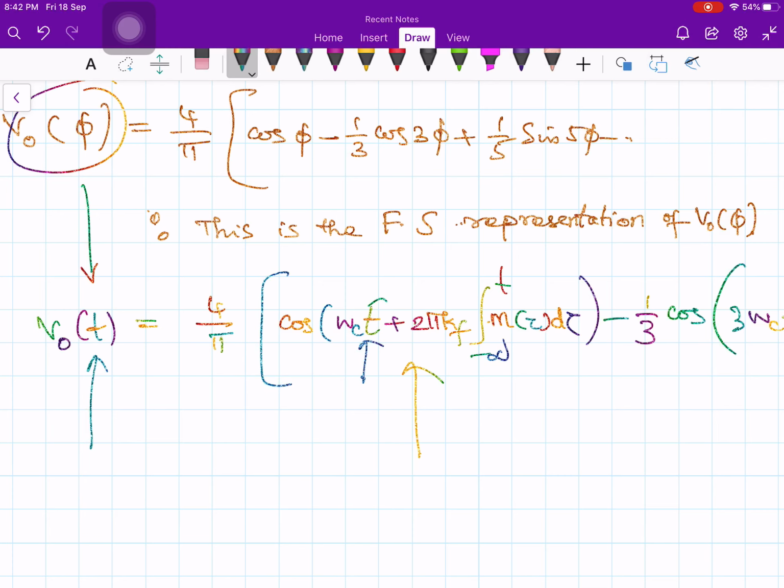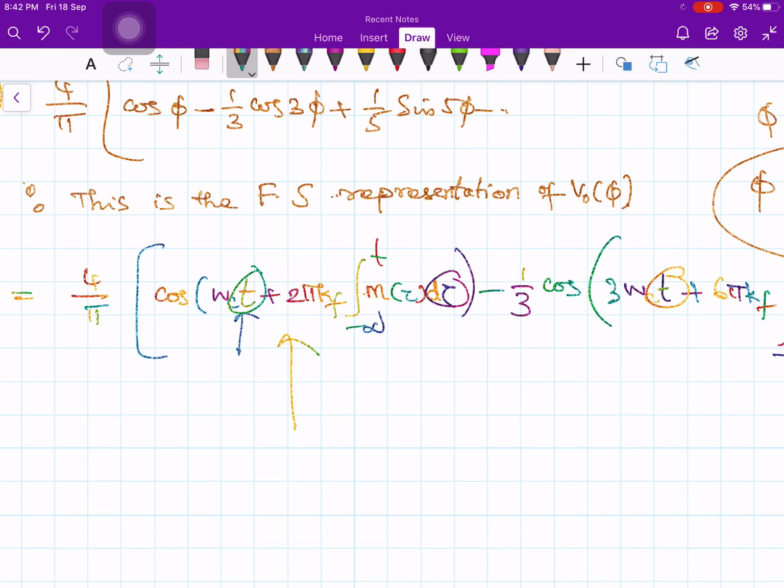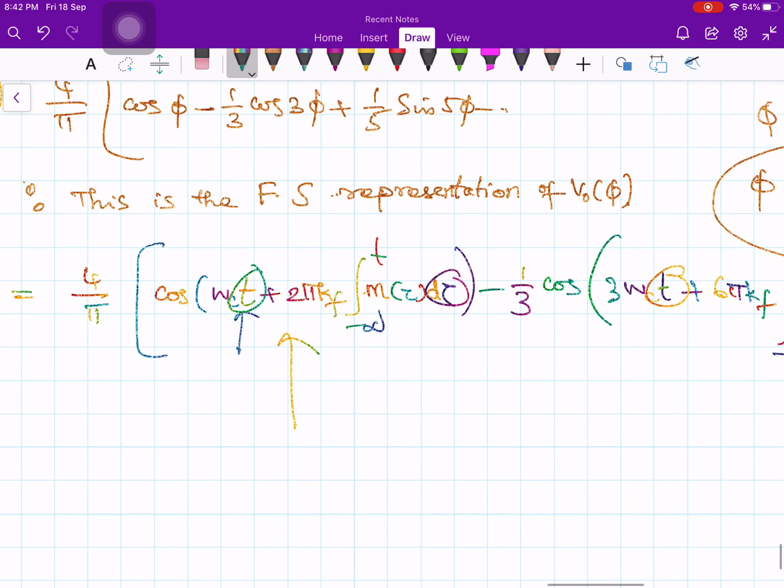There is time here, here also time, and everywhere time is there. So this is the series representation of the output signal at the output of the hard limiter.